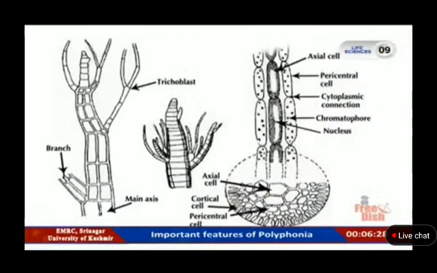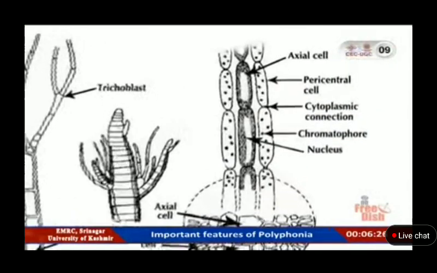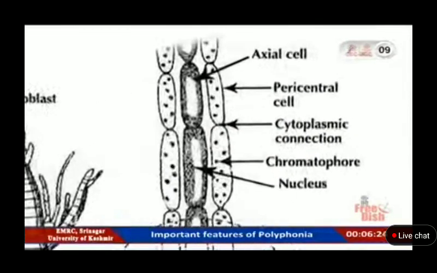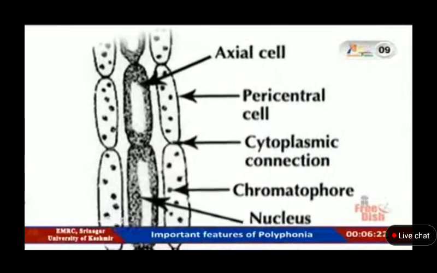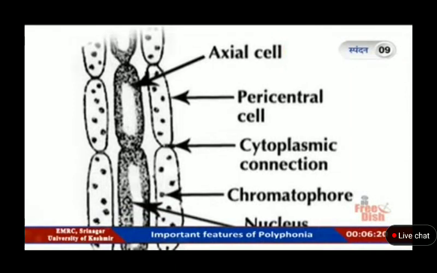from its polysiphonous nature. When seen under low power of microscope, the thallus consists of several tiers of cells placed end to end. The cells of central siphon are large, elongated and uninucleated. They are called central or axial cells. The cells of the peripheral siphon are narrow and are called pericentral cells.